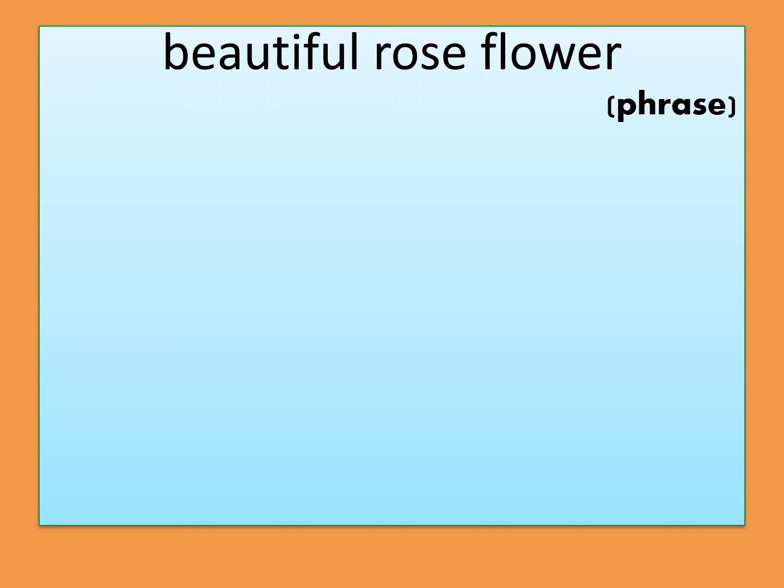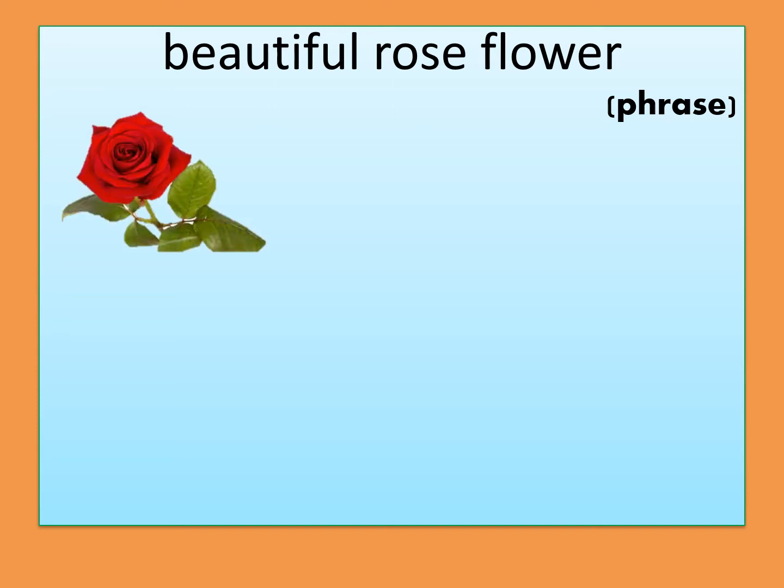So we call this a phrase. Beautiful rose flower is a phrase. It is not giving complete sense, but it is giving only partial sense or partial meaning. In this group of words, the subject and verb are not there. So we call this a phrase.